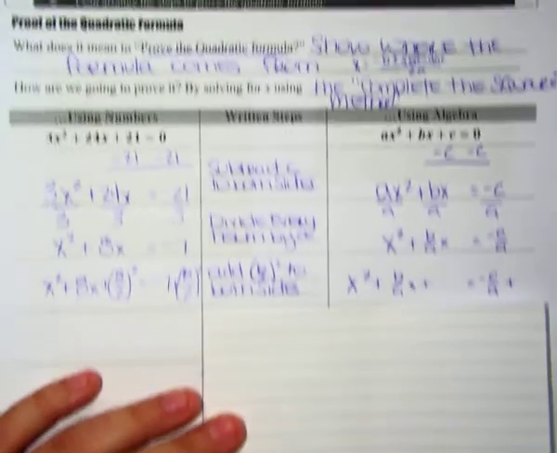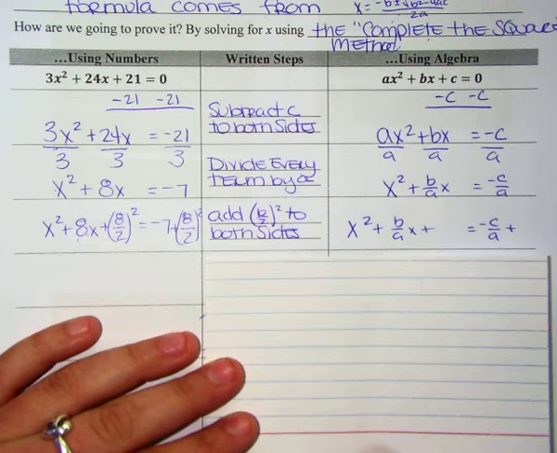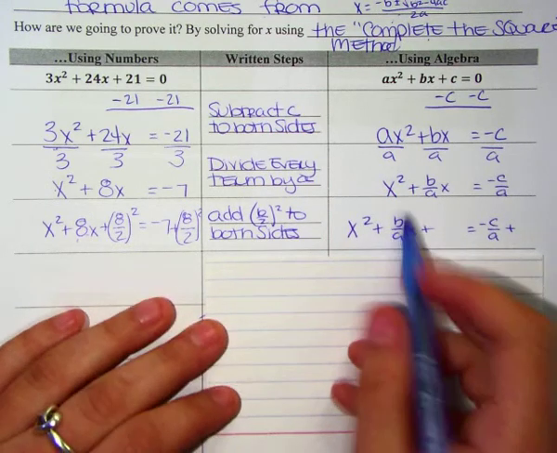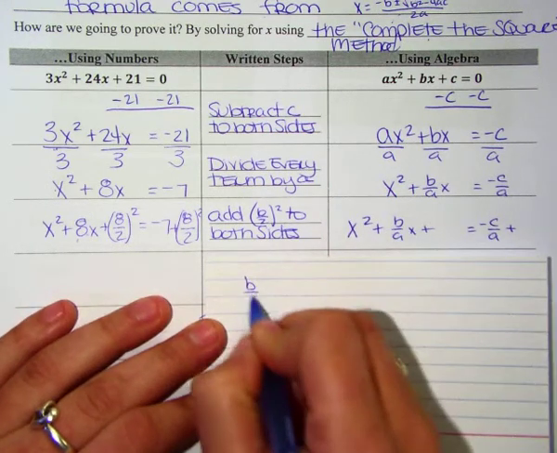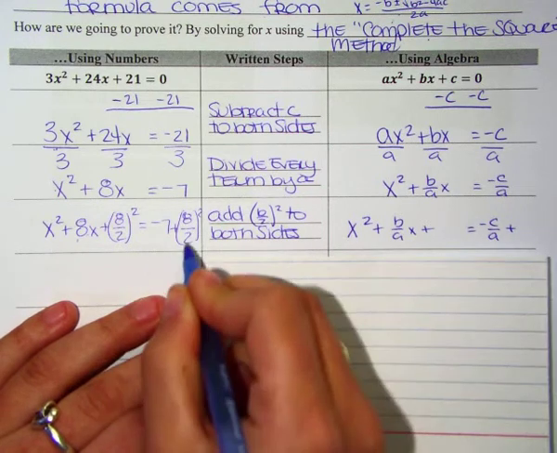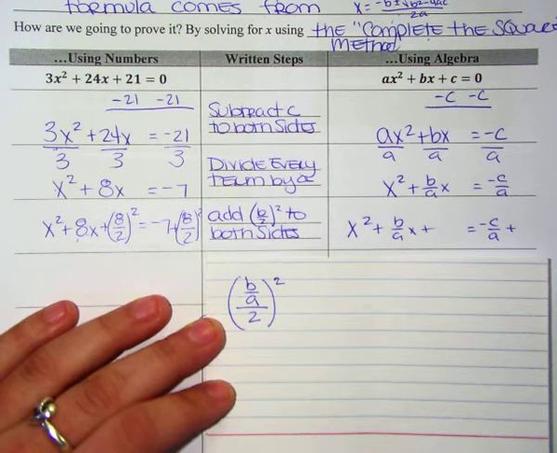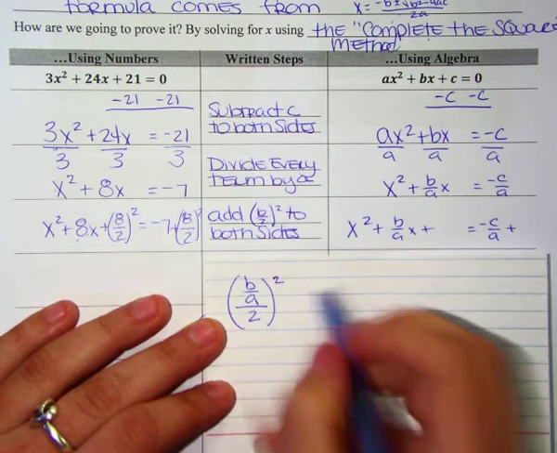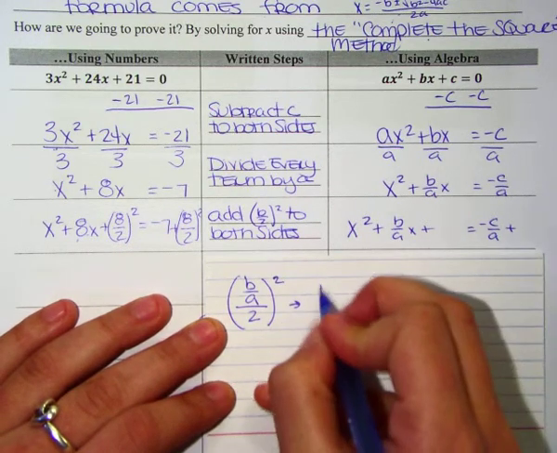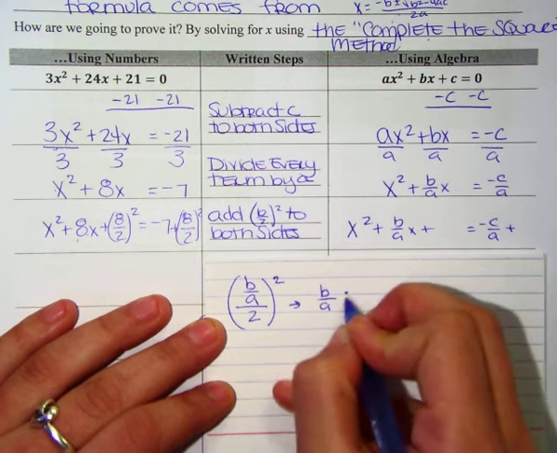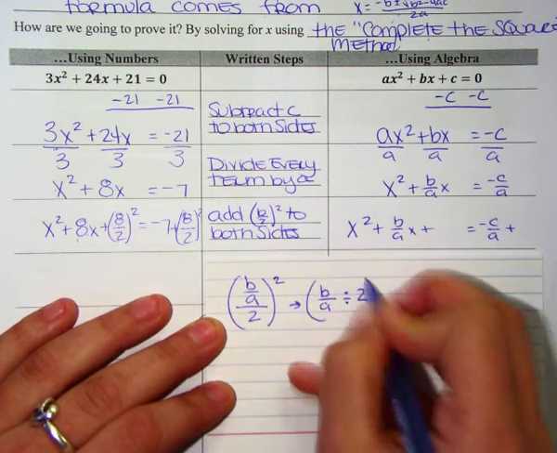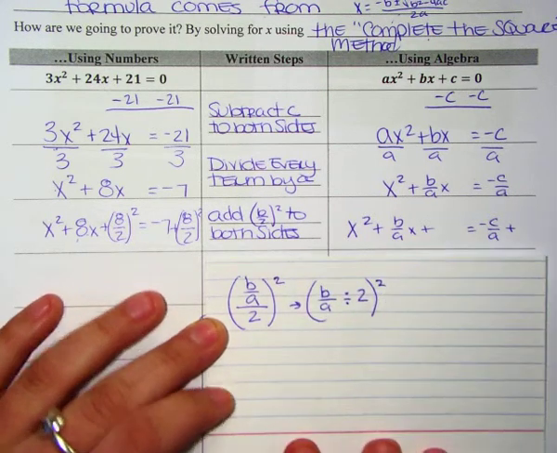So I'm going to do a little scratch work for this first. We're going to take this term, divide it by 2, and then square it. Now what that actually is, I can rewrite this a different way. Take that term, divide it by 2, and then square it.